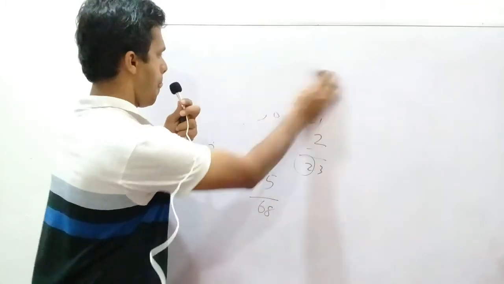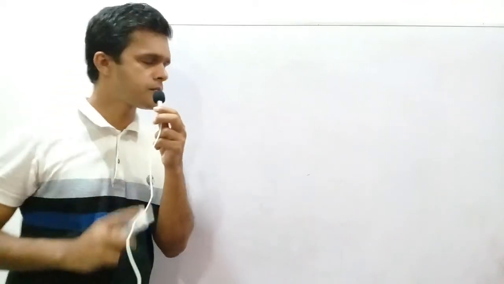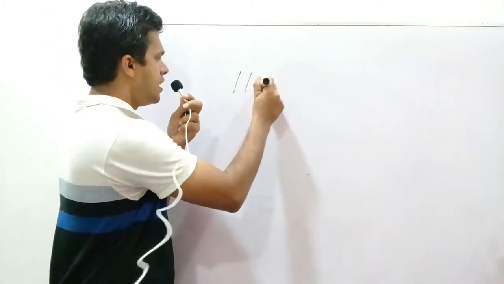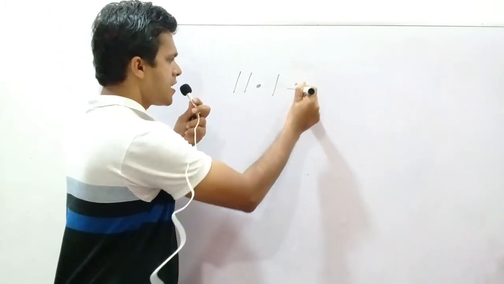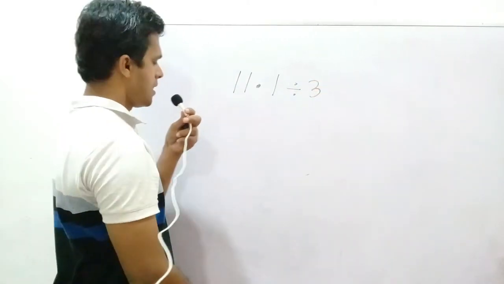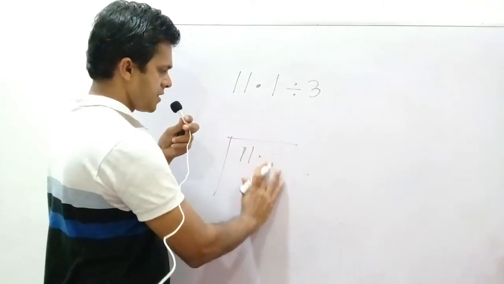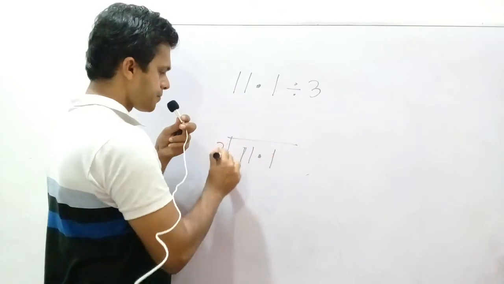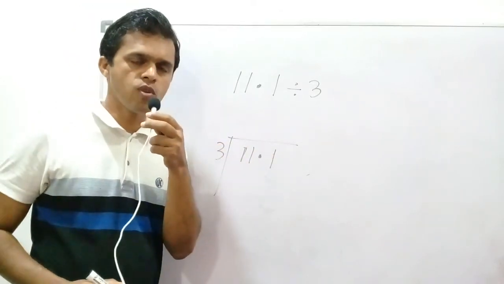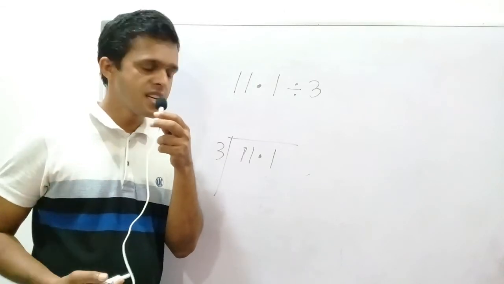Next part. After learning these sums, you will be able to do all the sums given in the textbook. This one, 11.1 is divided by 3. Let's divide. In 11, how many 3 times? 3 times 1, 3. 3 times 2, 6. 3 times 3, 9. 3 times 4, 12.